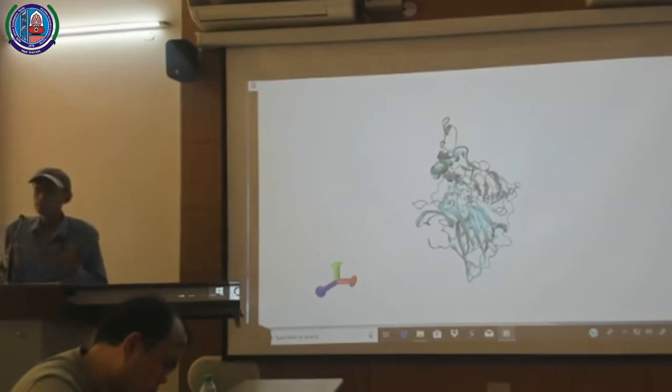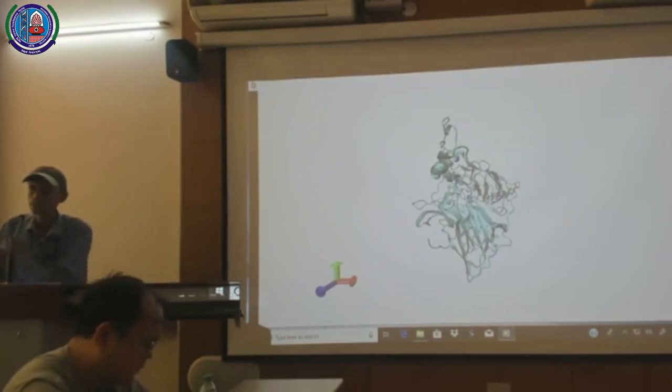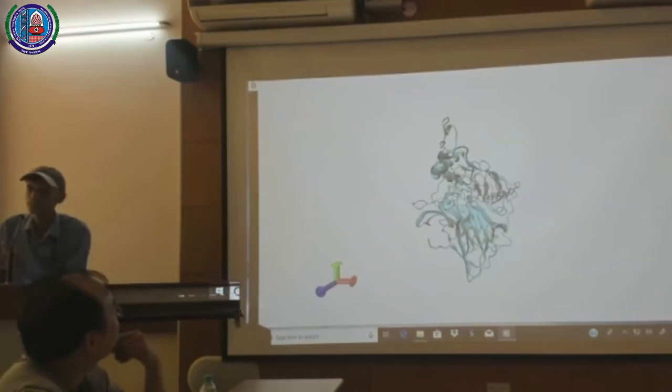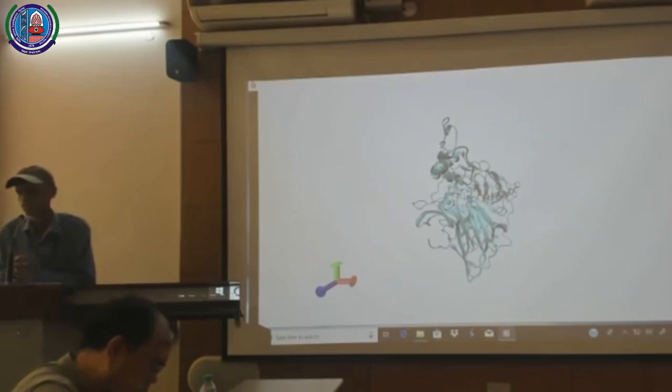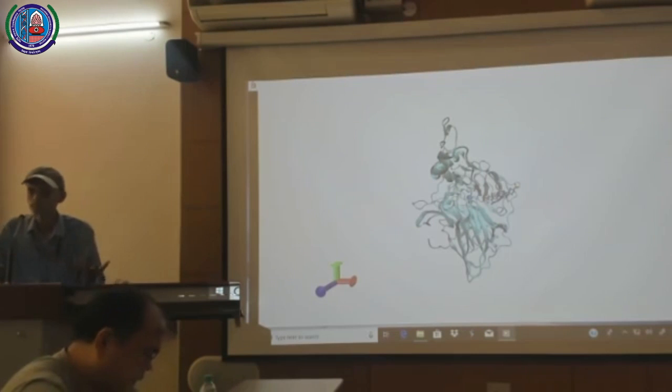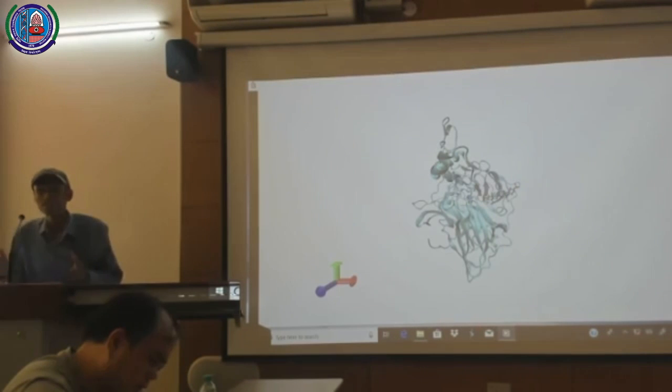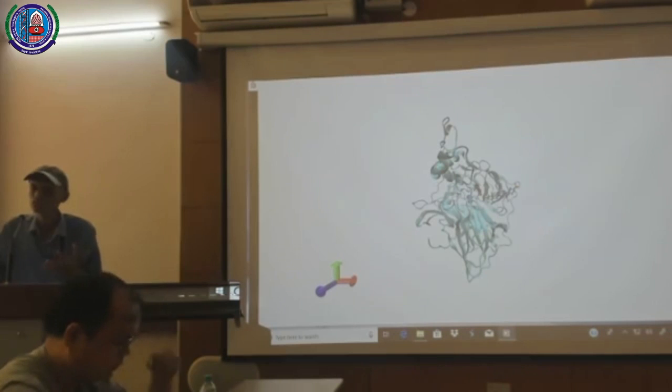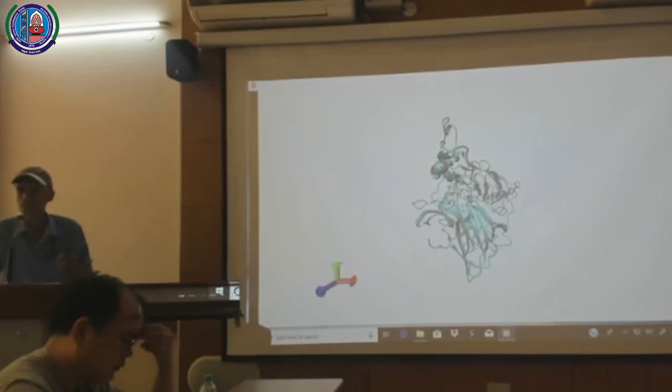But when we made a model, docked and simulated, docking gave a result, but simulation did not give the proper result. What happened during simulation? The ligand flew out of the active site. This was devastating data. We could have published the modeling and docking, but we tried to do simulation to further confirm our result, and the result was devastating.